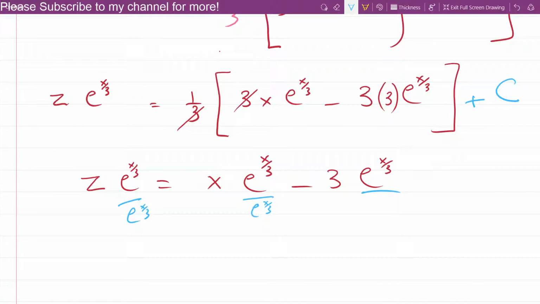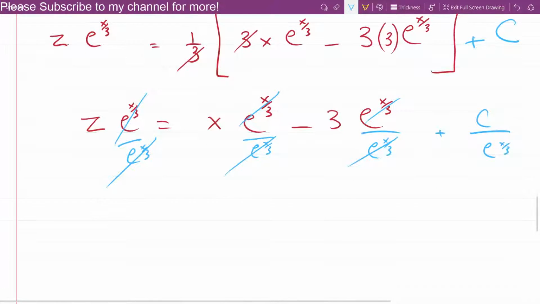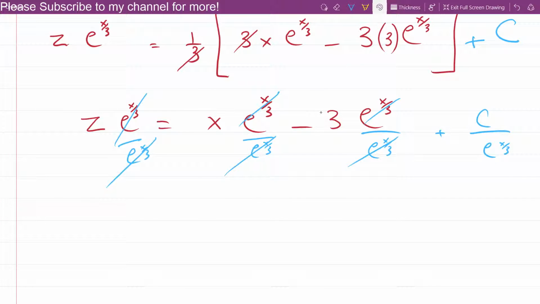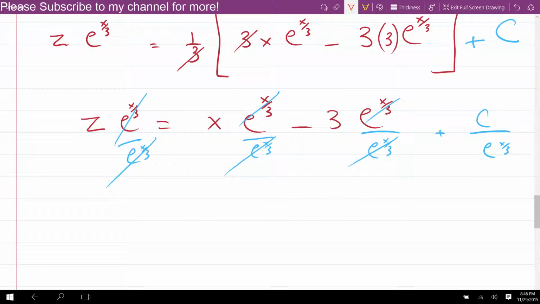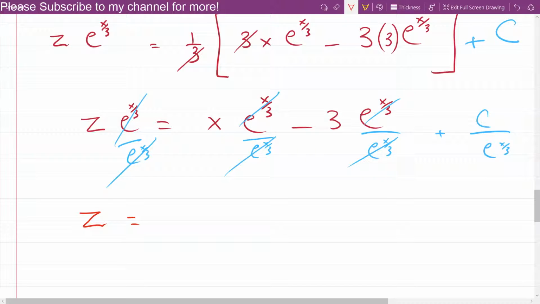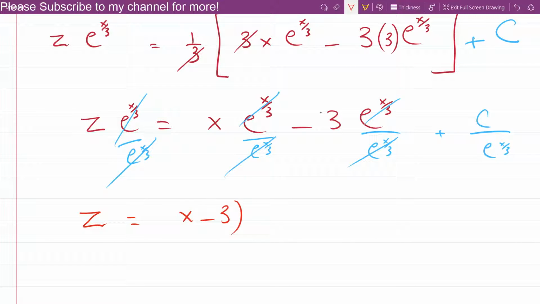So plus c, and on this plus c I also divide by e to the x over 3. These guys cancel out, and my final answer would be z is equal to x minus 3 plus c e to the x over 3 upstairs. So this would be my z.